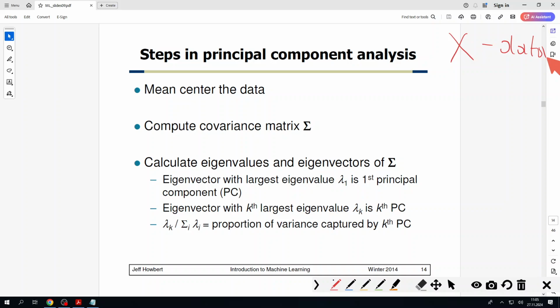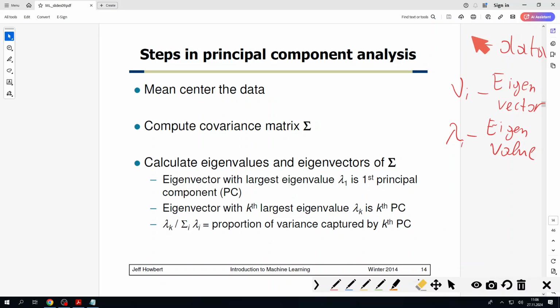So the eigenvector is nu, and the eigenvalue matching this eigenvector is lambda. Then you can say, actually this data is not exactly x, it's our variance. How it's denoted here is sigma. So this is our covariance matrix.